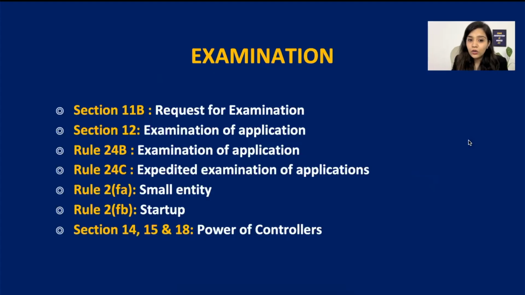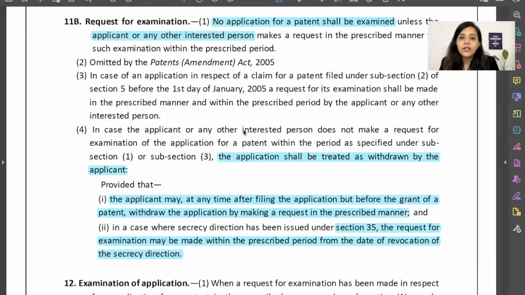Now we'll have a look into provisions which are important, and then you can study the provisions yourself as well. So let us begin with section 11B, which is for request for examination. In provision 1, it is written: no application for a patent shall be examined unless the applicant or any other interested person makes a request in the prescribed manner for such examination within the prescribed period.